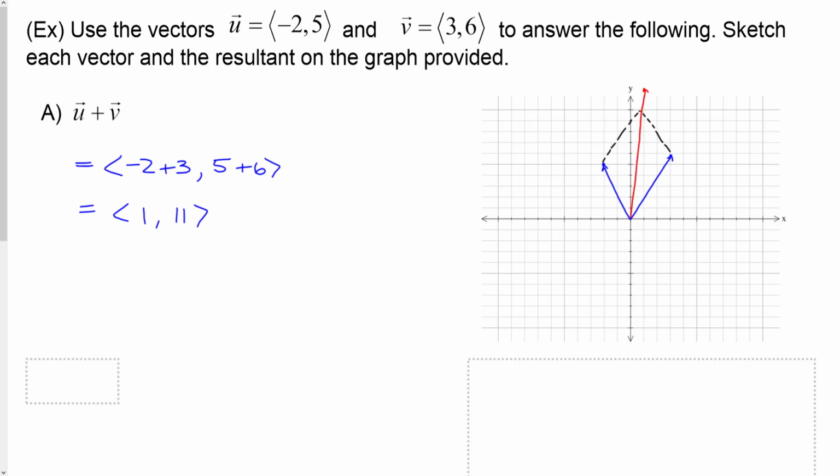Tell you what, let me erase these lines. Alright, so that's what's supposed to happen with the parallelogram. Okay, so I needed to be a little bit more accurate in my drawing, but it's always going to work out that way. That's what I want to show.